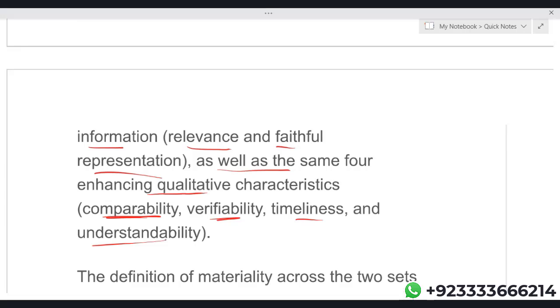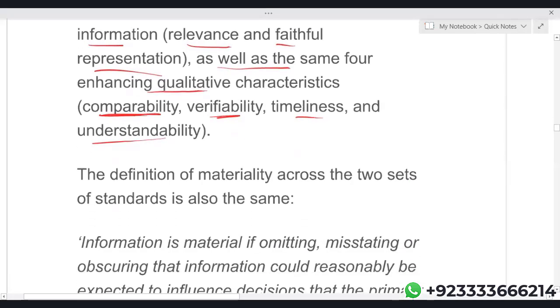So number one, information has to be relevant, and there has to be a faithful representation. And the four enhancing qualities are comparability, verifiability, timeliness, and understandability as well. Obviously, if your information is not understandable, then again, there's no benefit.